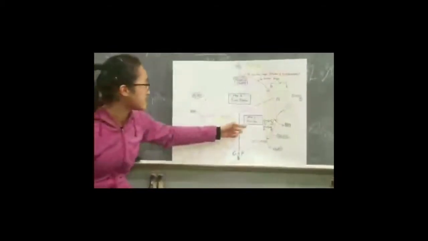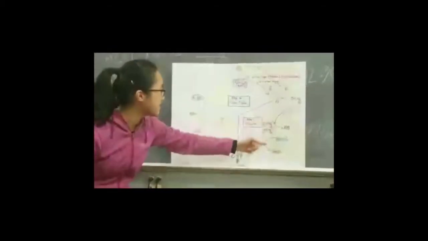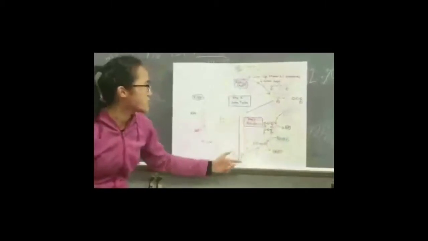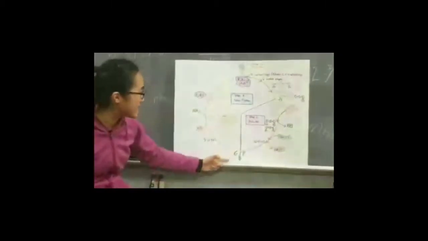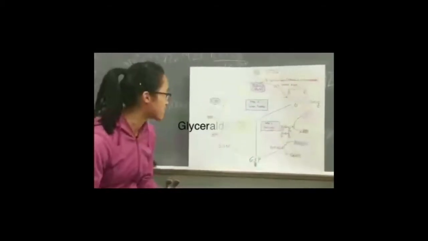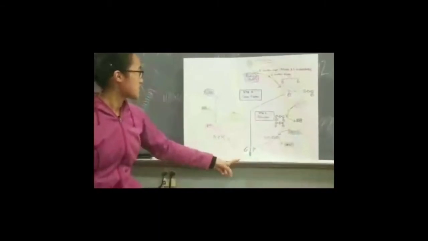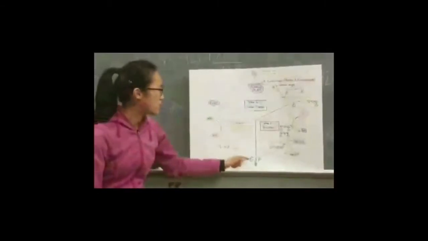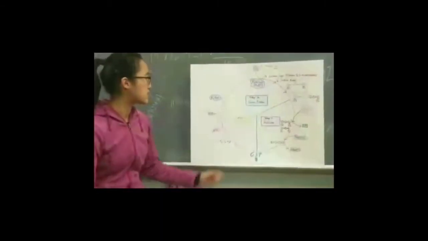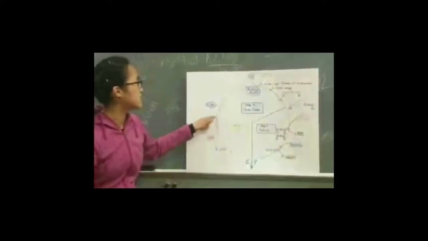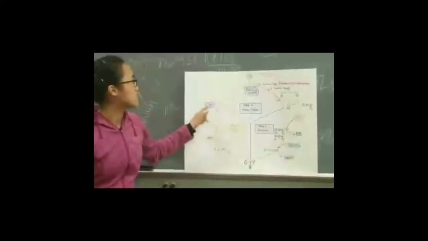Move on to the second step, reduction, where ATP and NADPH transform these 2 molecules into G3P. G3P, what is that? I don't know. Glyceraldehyde 3-phosphate, which is used to make glucose. But only some of the G3P is used to make glucose and the rest is used to make more RuBP, so then it can continue to repeat the cycle.